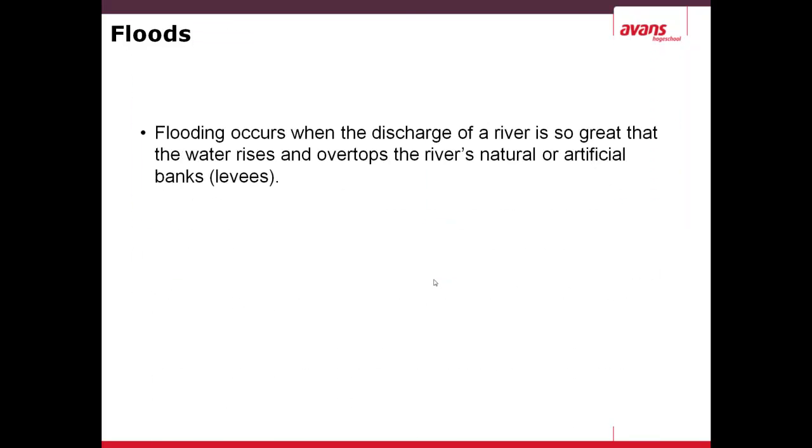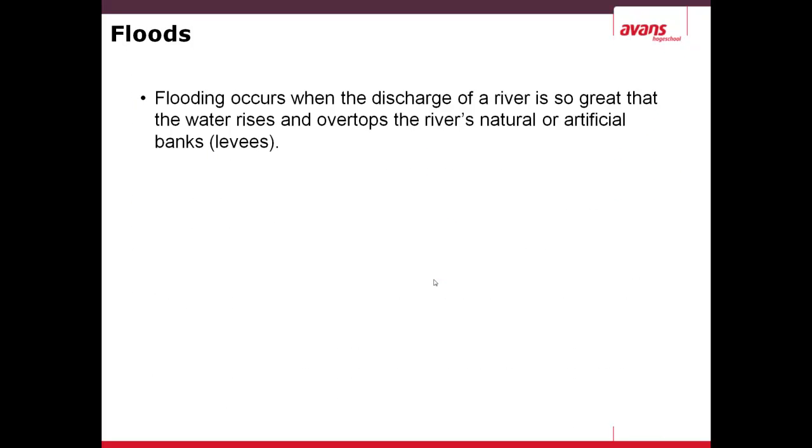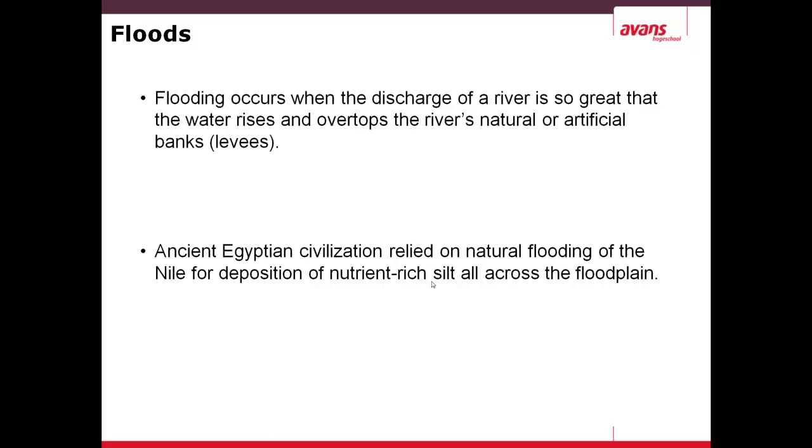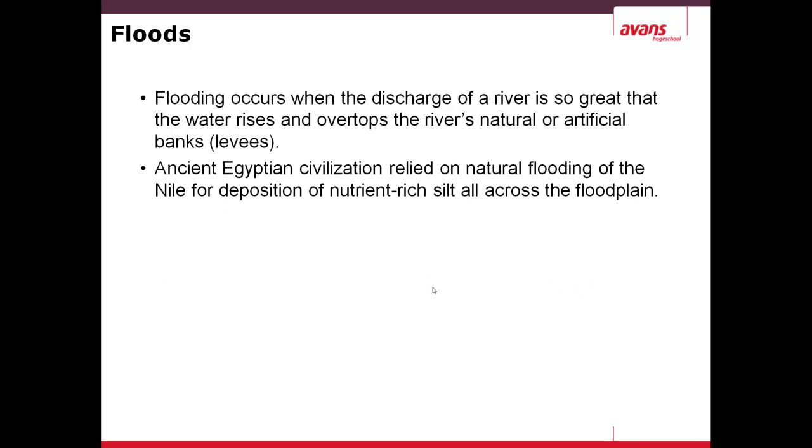There are perils of living next to rivers. Floods occur when the discharge of the river is so great that it goes over its natural or artificial banks. The word that we use for an artificial bank of a river is levee, the plural being levees. Ancient Egyptian civilizations relied on this natural flooding, as I mentioned before.